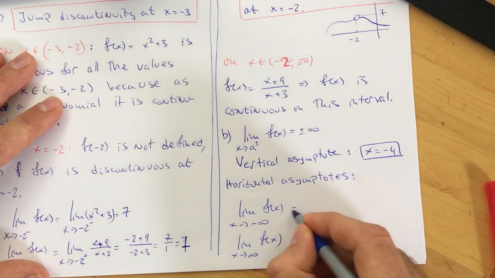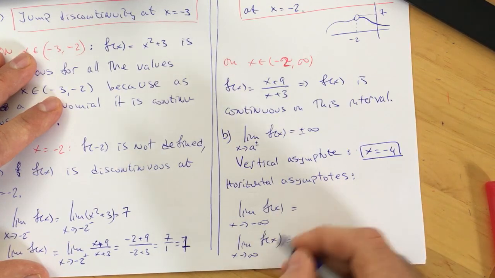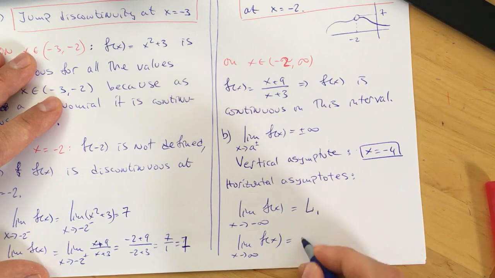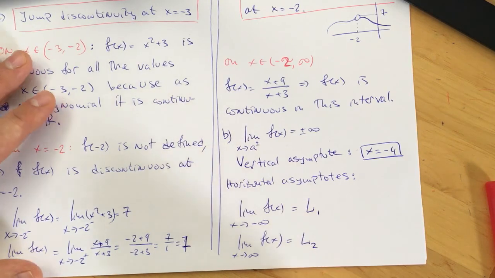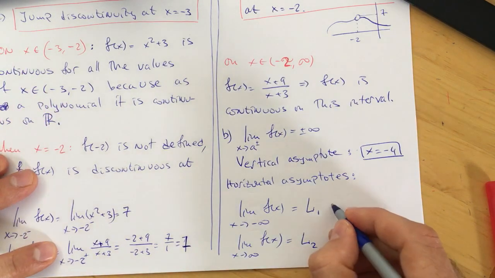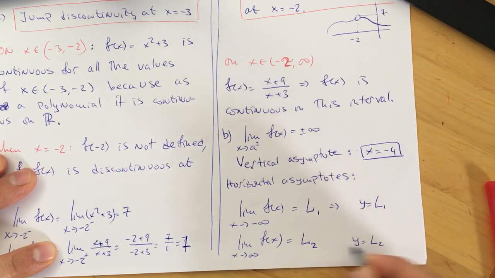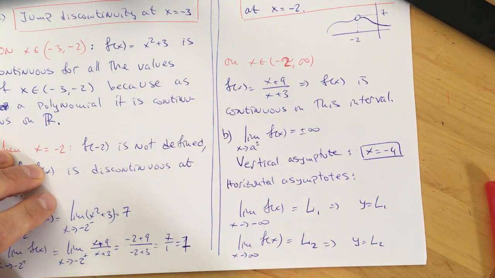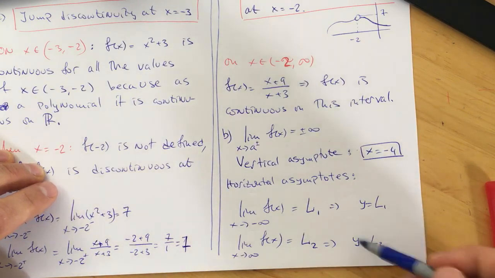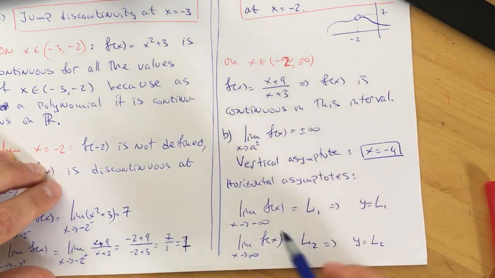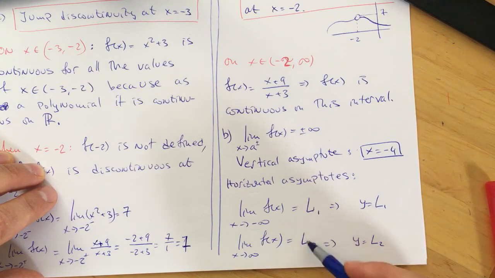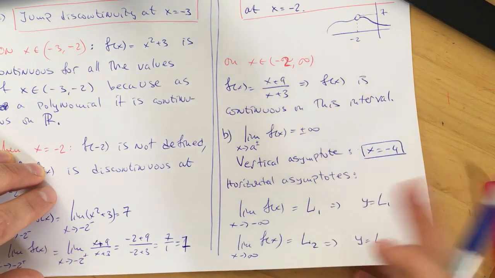If these two limits end up being constants, real numbers, then we can conclude that y is equal to L1 or y is equal to L2 are the horizontal asymptotes. If the limit blows up to positive or negative infinity in either of these two, then we don't have horizontal asymptotes. Okay, so let us evaluate these two limits. With that, we're going to finish this question.